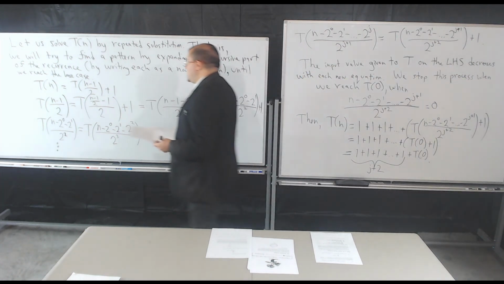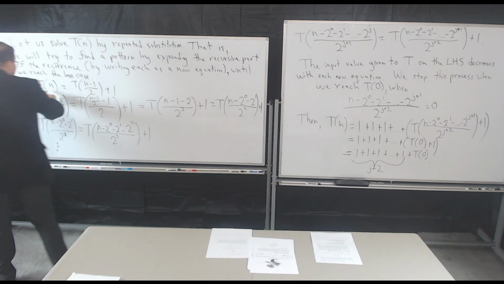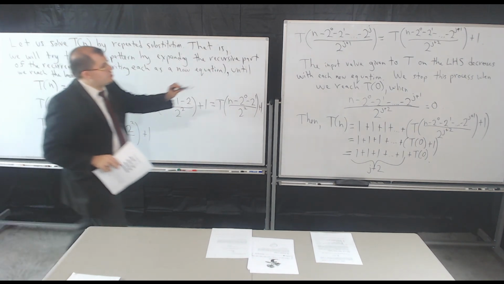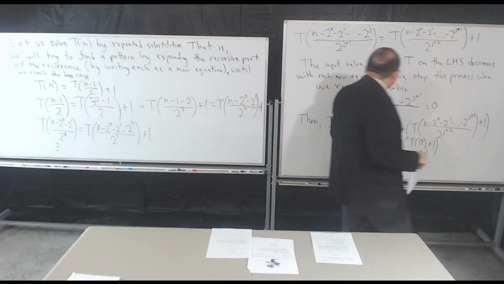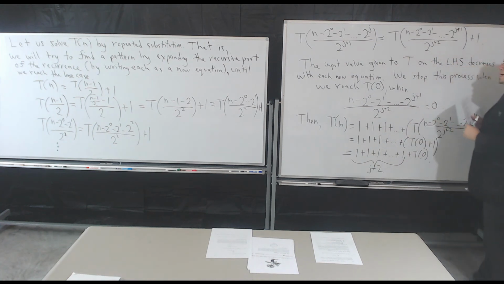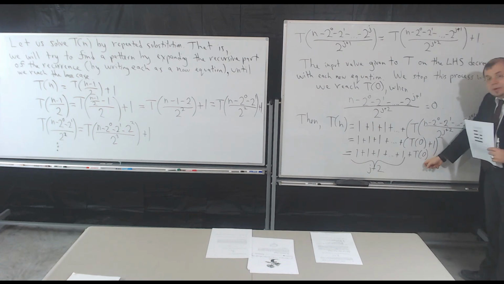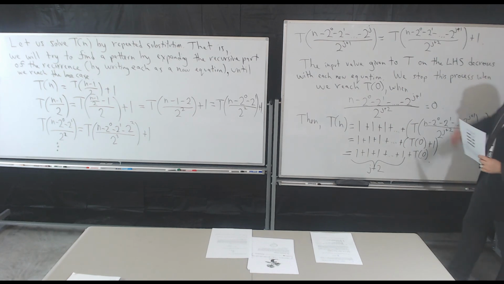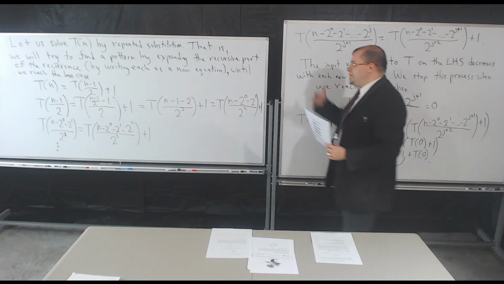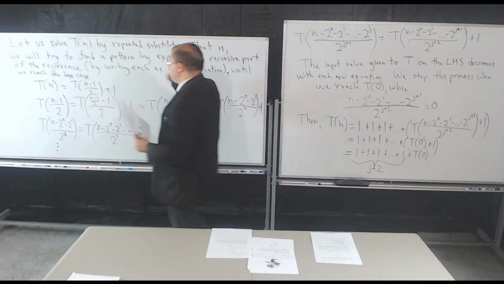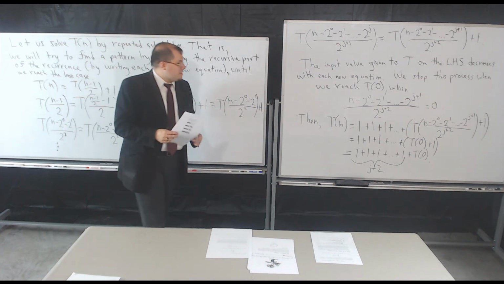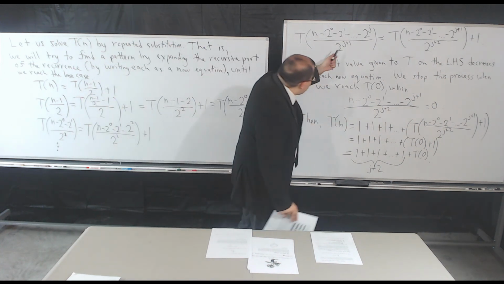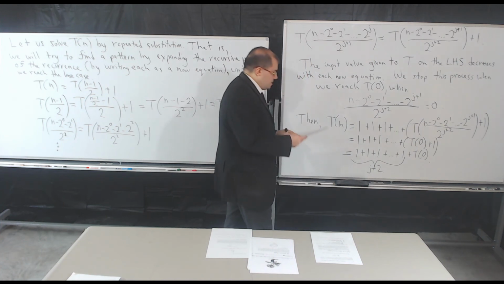Just count up the number of times I substituted until I reach over here, and you'll notice I have j plus 2 new equations once I put this guy in, because I get this extra 1 from that. I really just care about reaching T of 0. So imagine I'm doing the algorithm, and every time I do this halving process, I want to know how many times that happens. Now it's going to be related to this j variable that I have kicking around.